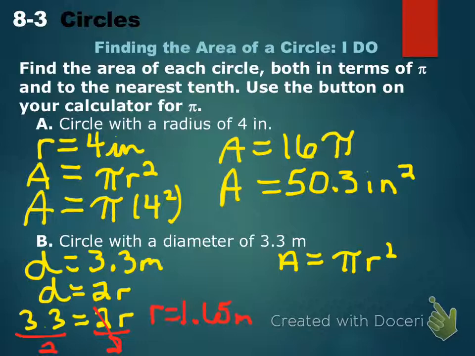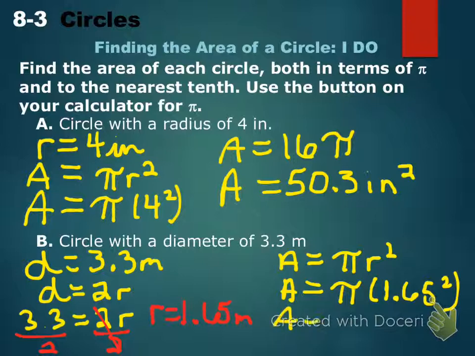So now, to finish up finding our area, we've got area equal to pi 1.65 squared, and 1.65 squared is going to be 2.7225 pi.